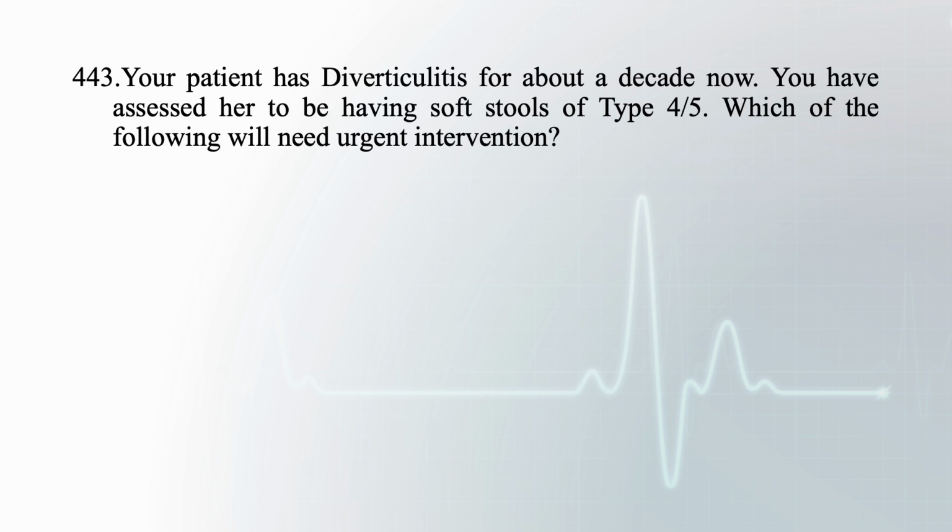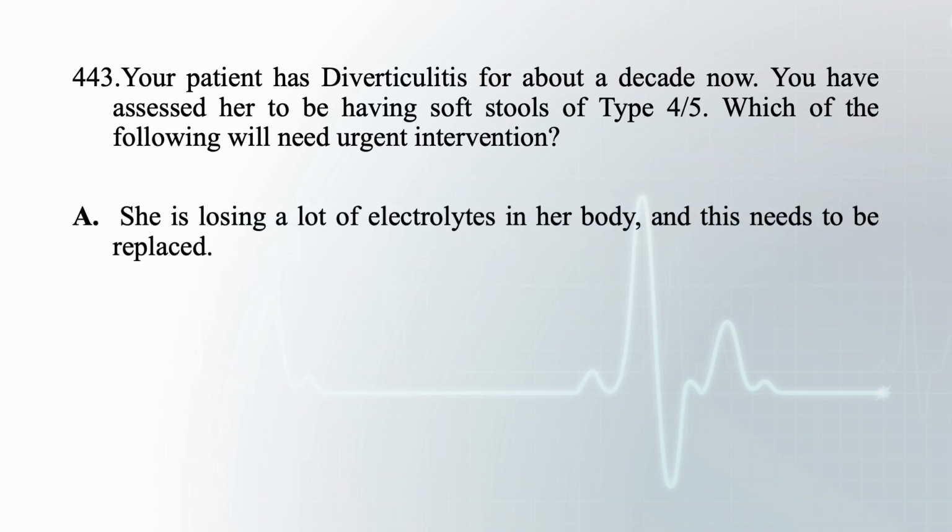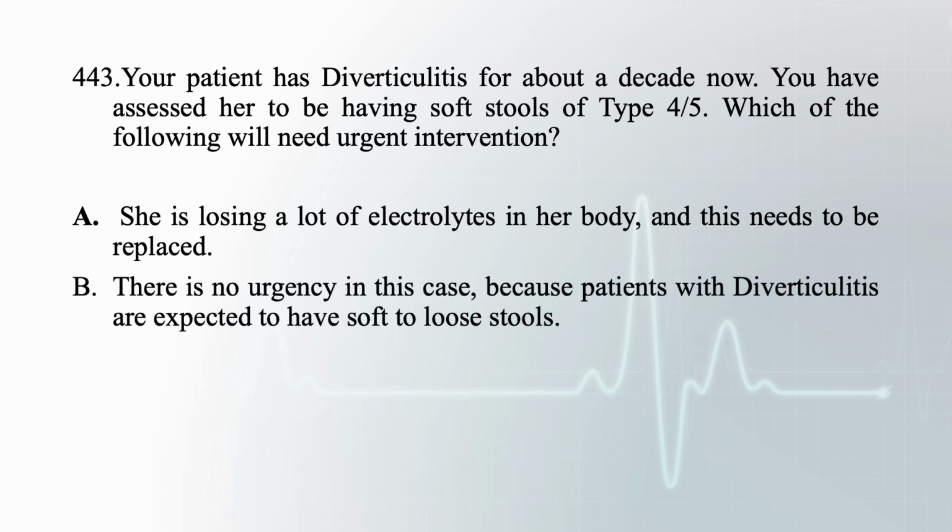Question number 443. Your patient has had diverticulitis for about a decade now. You have assessed her to be having soft stools of type 4/5. Which of the following will need urgent intervention? Option A, she is losing a lot of electrolytes in her body, and this needs to be replaced. Option B, there is no urgency in this case, because patients with diverticulitis are expected to have soft to loose stools.